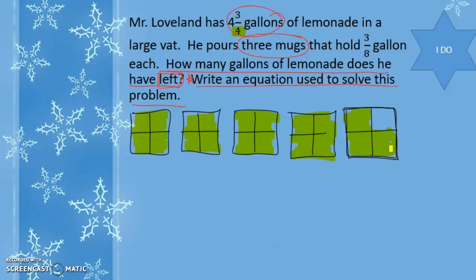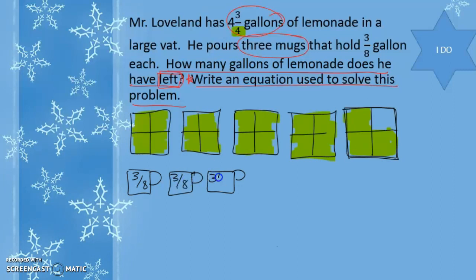3/4. He pours 3 mugs that hold 3/8 of a gallon each. So he got rid of some of it, and each mug holds 3/8 of a gallon. Well, now I have to think, okay, I have 3 mugs, and each mug holds 3/8.